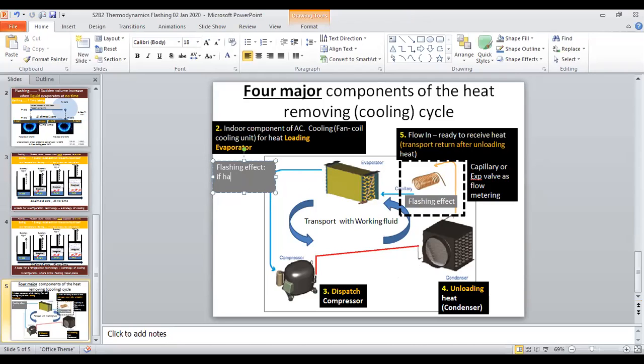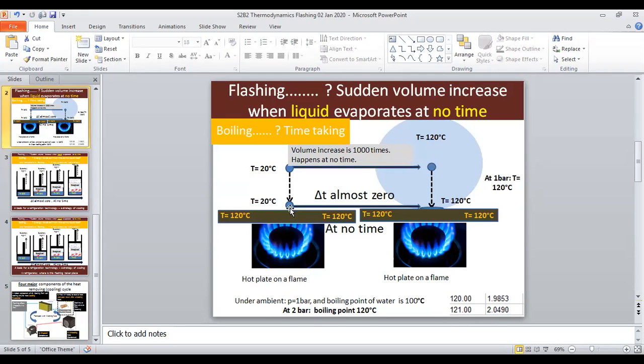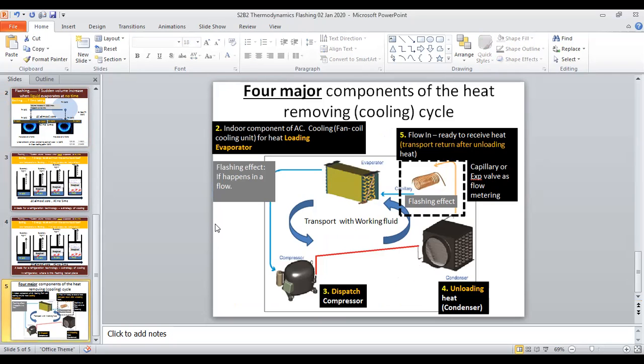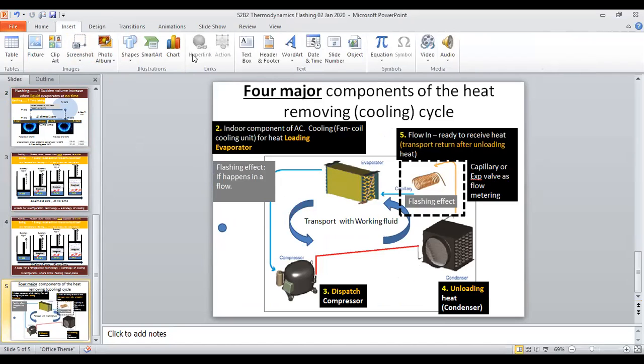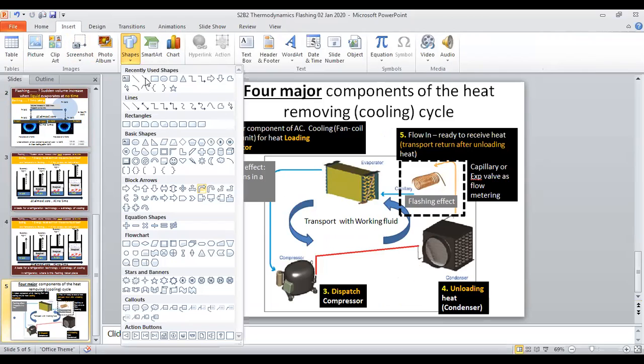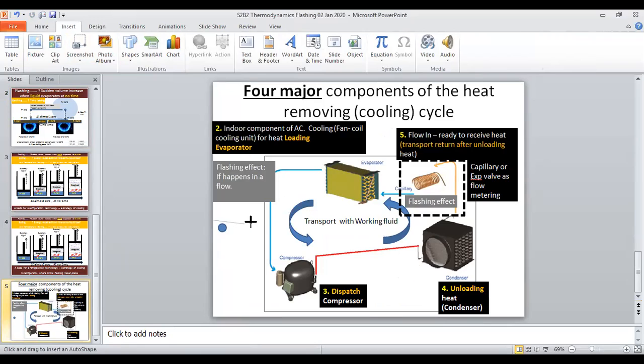If the flashing effect happens in a flow, let's say originally you have this flow, this is your pipe.